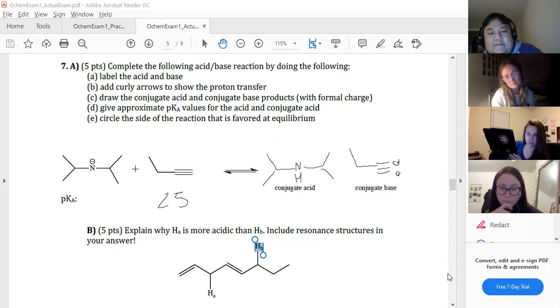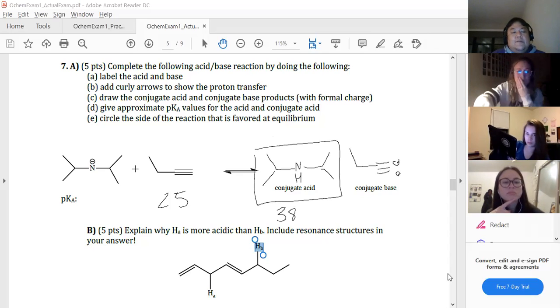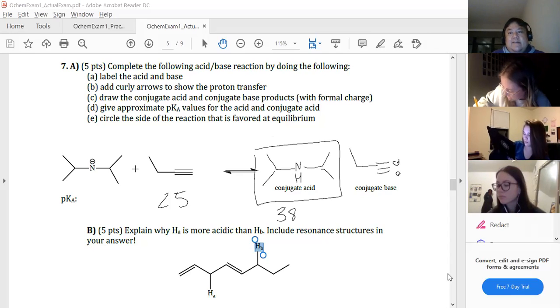What's the pKa of my conjugate acid now? Anyone know? I think it's 38 to 40. 38. We can say 38 on the low end, so that's fine. So now, which way is my arrow pointing? Left to right or right to left?